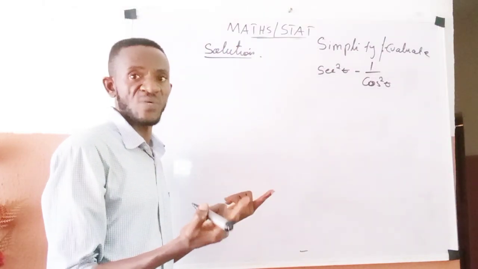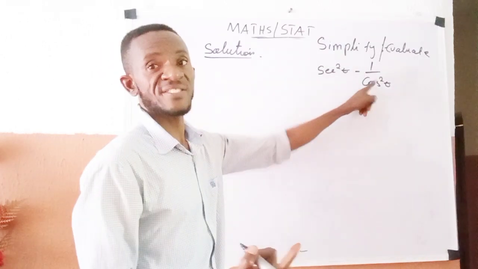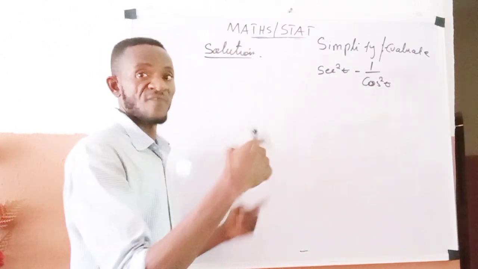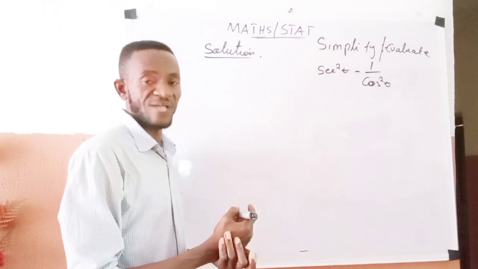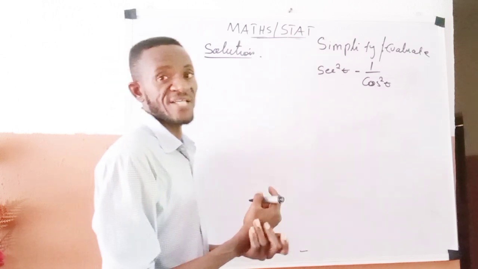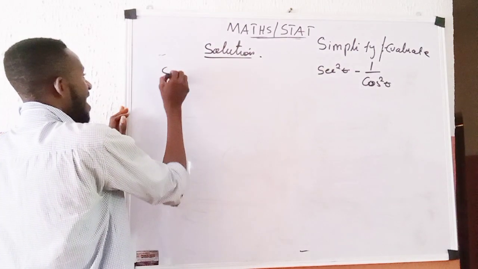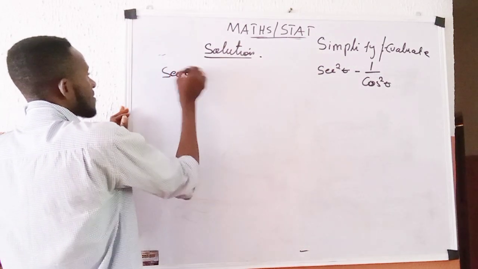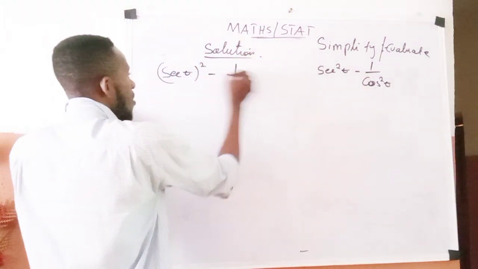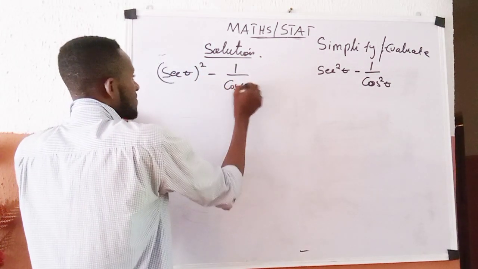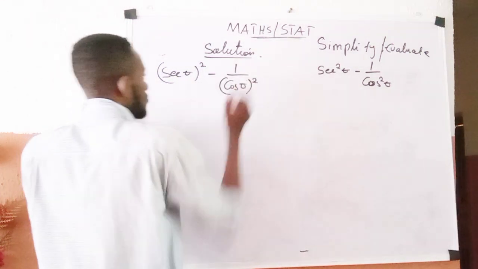And 1 over cos squared theta can equally be written as 1 over cos theta all raised to power 2. So what I have here becomes sec theta all raised to power 2 minus 1 all over cos theta all raised to power 2.